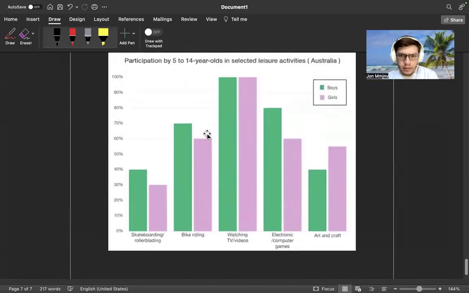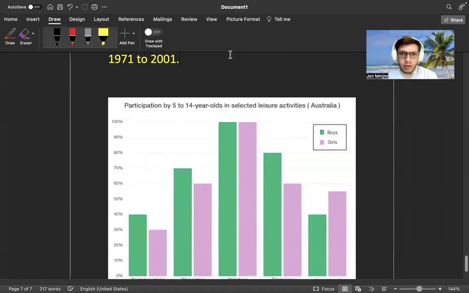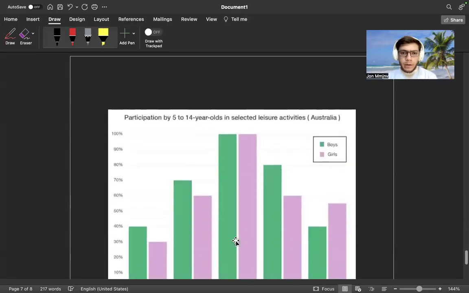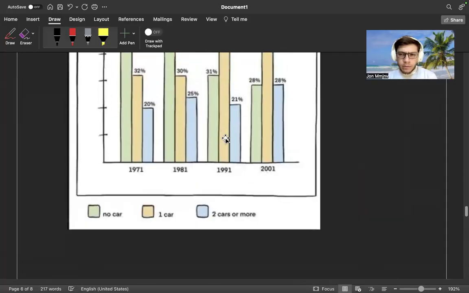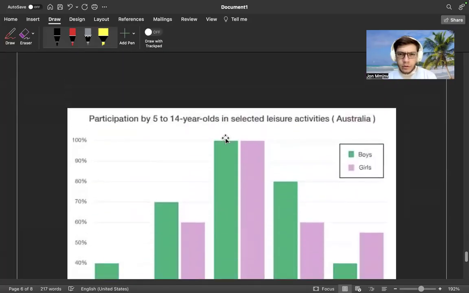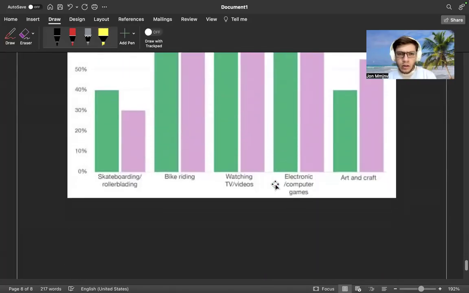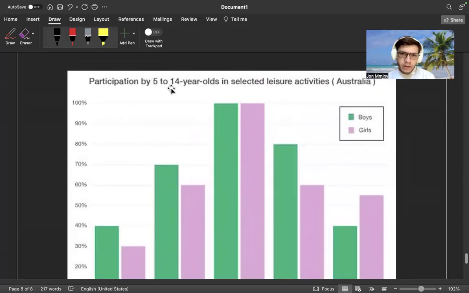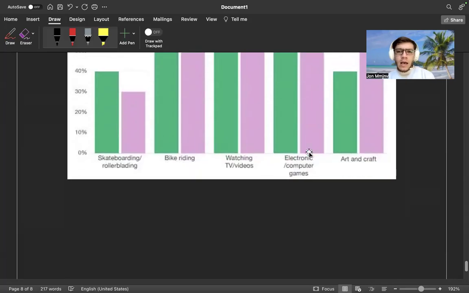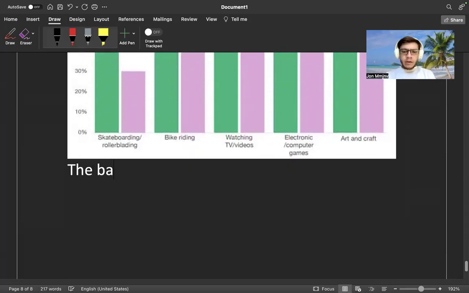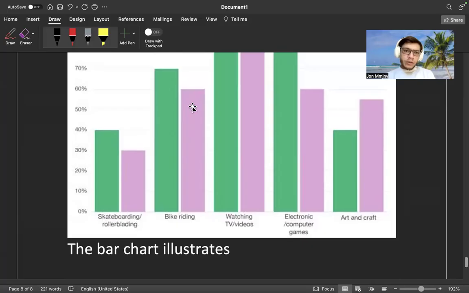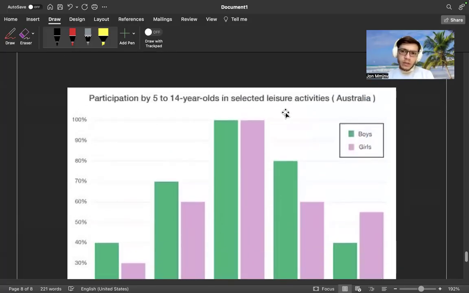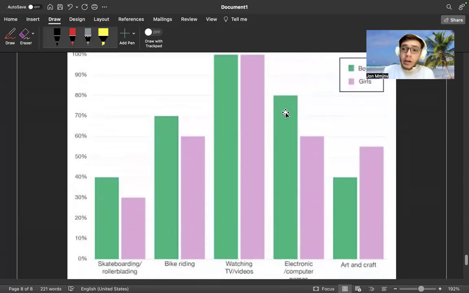So is this our last graph? Okay, this is our last graph. So let's write for this one. Participation by 5 to 14-year-olds in selected leisure activities, Australia. Here we have percentages, boys and girls, specifically 5 to 14-year-olds. Okay, the bar chart illustrates, right? What do we write here? We don't have percentage or proportion. We can write either of them.